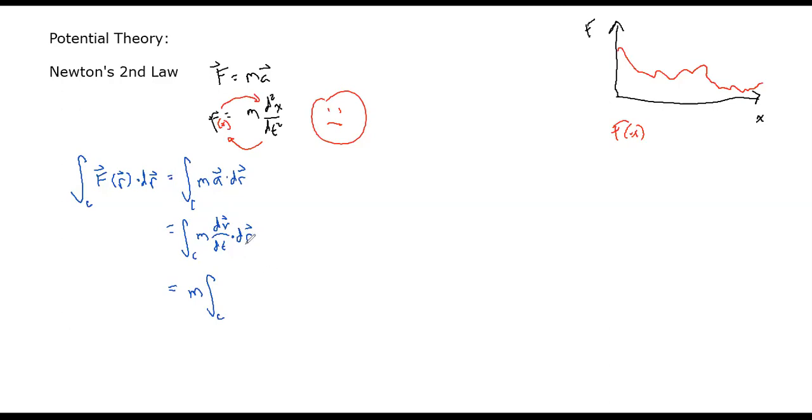So if you think about this as a little piece of r, and you think about this as a little piece of time, and you think about that as a little piece of velocity, they're just numbers, right? Or in this case, they're vectors. I can just associate them however I want.